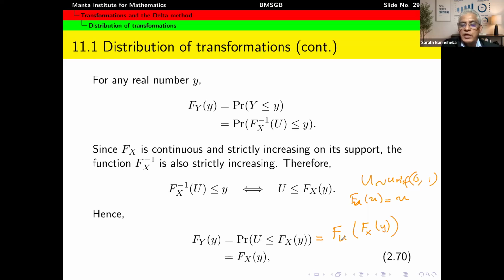So therefore, Fu evaluated at Fx of y should be the same as Fx of y. So that's why we have this expression here because of this fact.